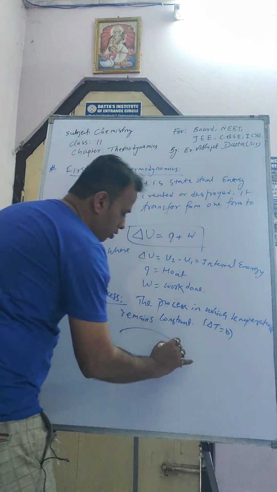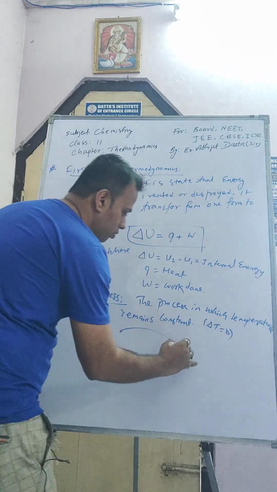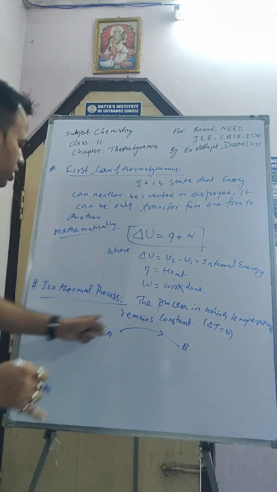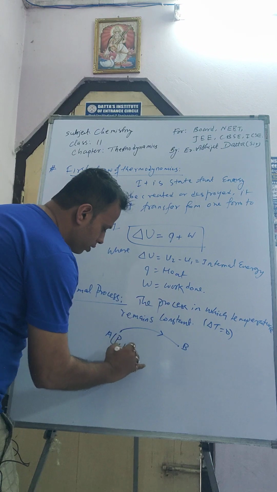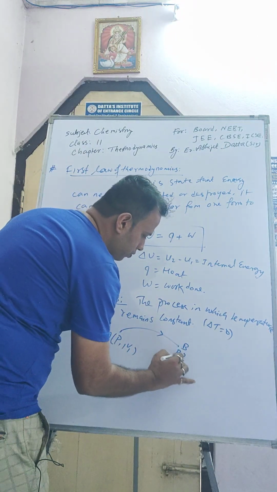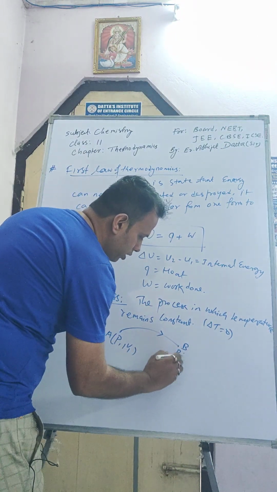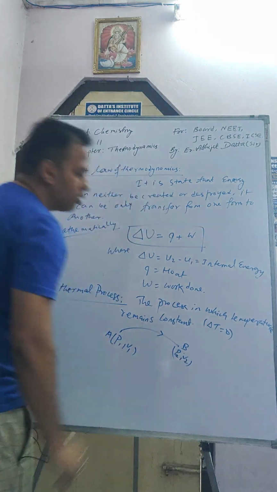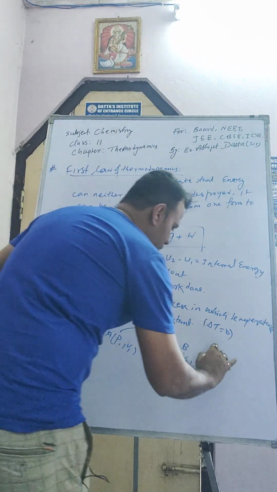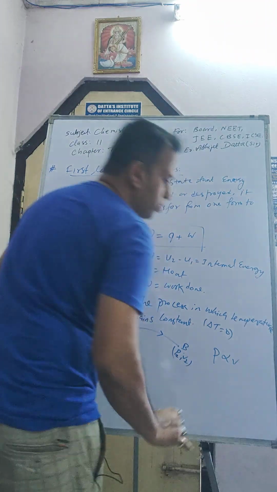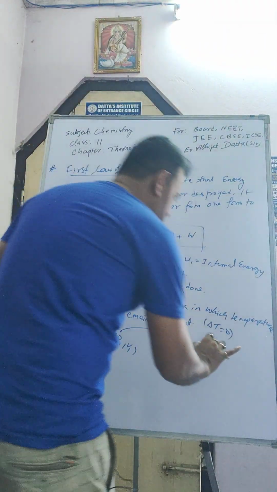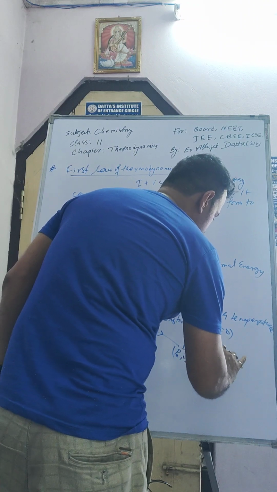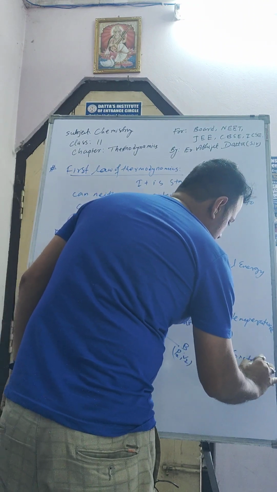Suppose this one is the initial position of a system and there is the final position. If it goes in a thermodynamic process, then here the position will be P1 V1, here it will be P2 V2. So in the thermodynamic process, PV equal to constant.